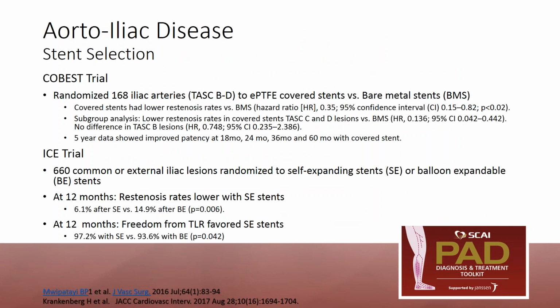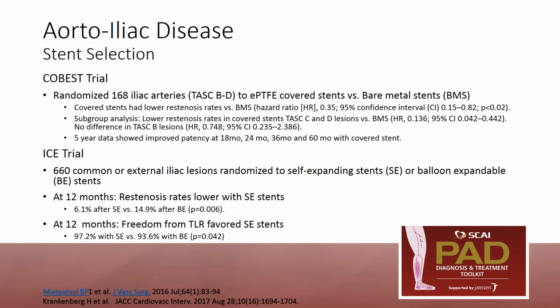Speaking of complications, if you look at the COBEST trial, which is a randomized controlled trial of 168 patients, TASC-B through D, looking at covered stents versus bare metal stents, really this showed that covered stents had lower restenosis rates versus bare metal. Not surprising, because covered stents can't get endothelialized for in-stent restenosis. However, when you looked at it a little more closely, we show lower restenosis rates in the TASC-C and D lesions versus bare metal stenting.